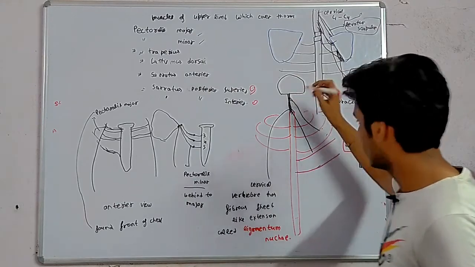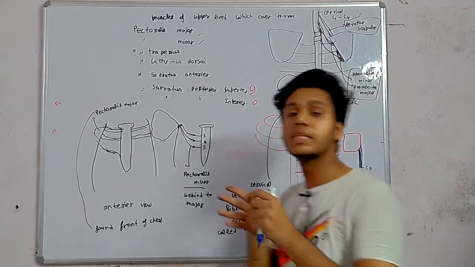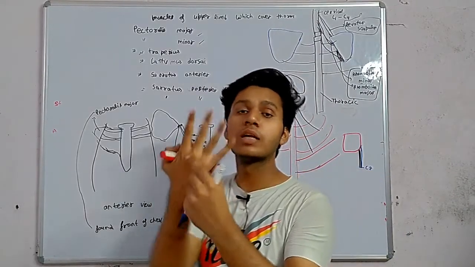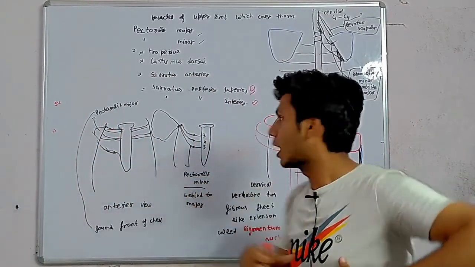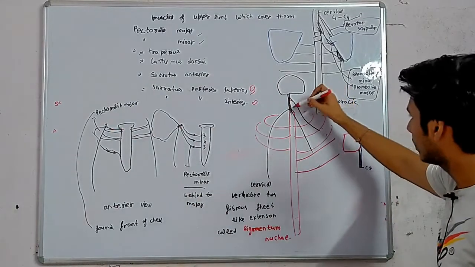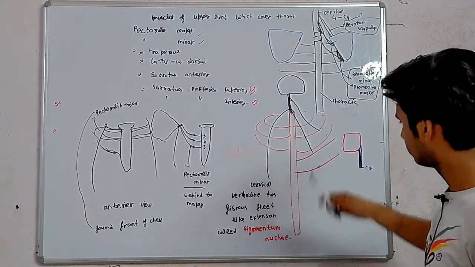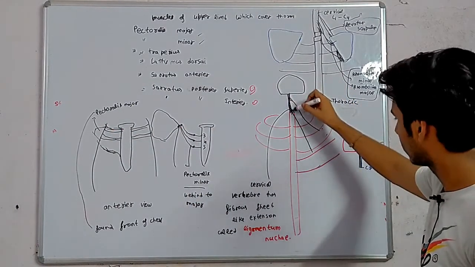There are 4 serrations, finger-like projections, which emerge from ligamentum nuchae and attach to 4 ribs on the posterior aspect.